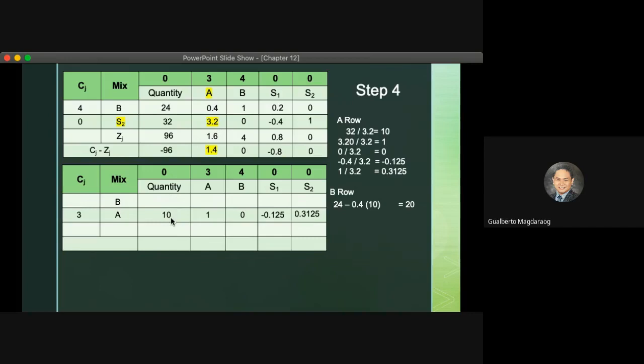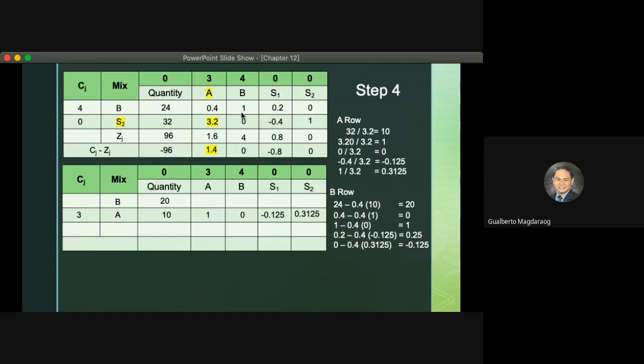Okay, so 24 minus 4 is 20. Yeah, 20. You do the same sa other columns. 0.4 minus 0.4 times 1, and that is 0. And then 1 minus 0.4 times 0 is 1. Parang nangyari yon, 0.4 muna times 0 equals 0.